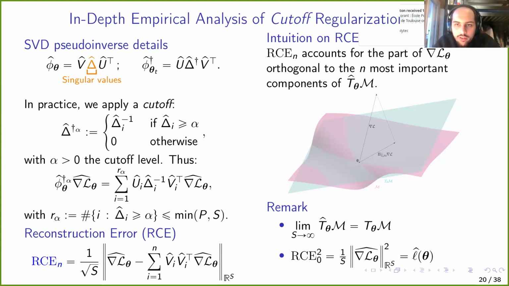What we show is that when you do the cutoff regularization, you can understand that as modifying the solution space of your problem, while when you do the ridge regression, you don't play with the solution space, but you play with the operator itself.